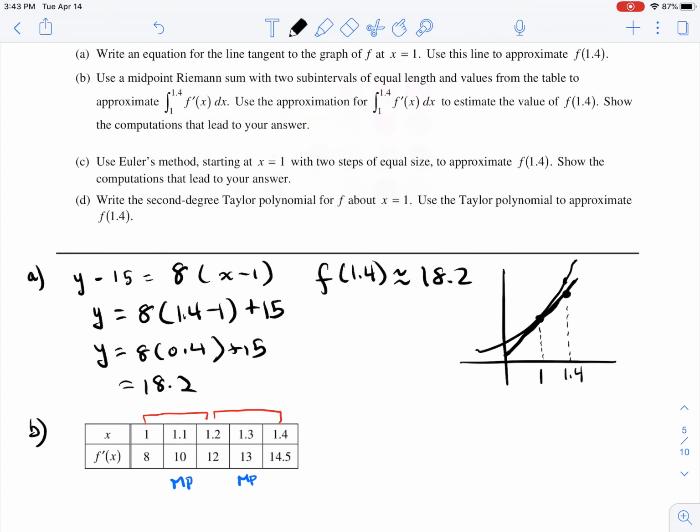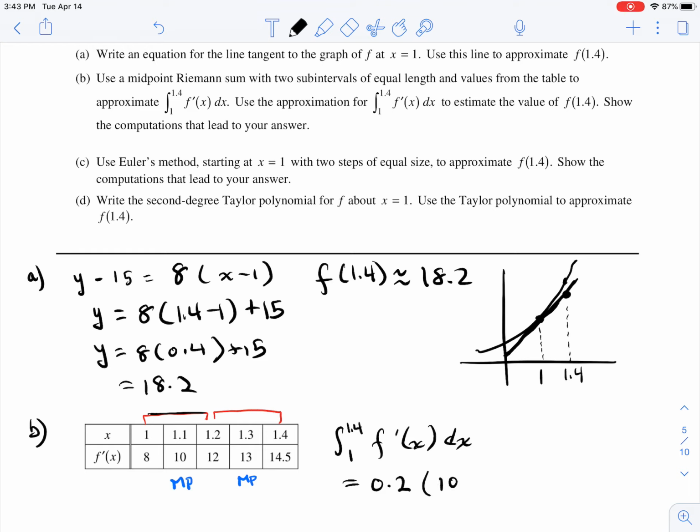With that, we can say the integral from 1 to 1.4 of f prime of x dx would be equal to our width, which is 0.2, that's this region right over here, times the height at our midpoint, which would be 10.